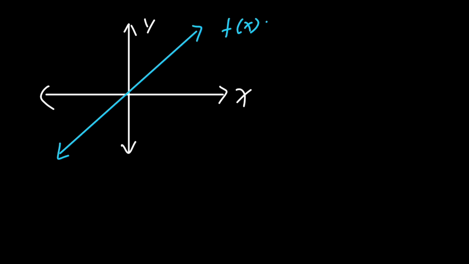Now, instead of picking a number, we just use letter a to represent this x value. The corresponding y value is just a as well. You can tell by using this function: since x is a, the function is a as well. Then as the x value approaches a, the function approaches a as well. So the limit will look like that.